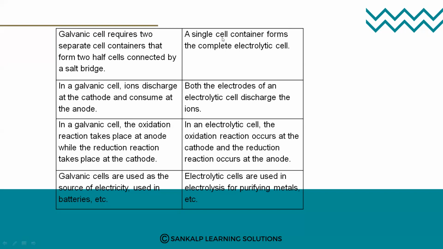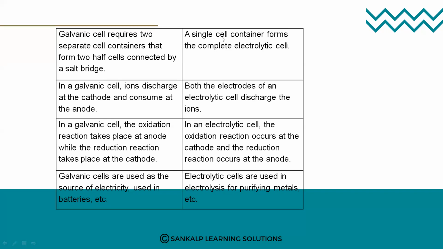Then in a galvanic cell, ions will discharge at the cathode and be consumed at the anode. In the case of an electrolytic cell, both electrodes discharge the ions. In a galvanic cell, the oxidation reaction takes place at the anode, while the reduction reaction takes place at the cathode.